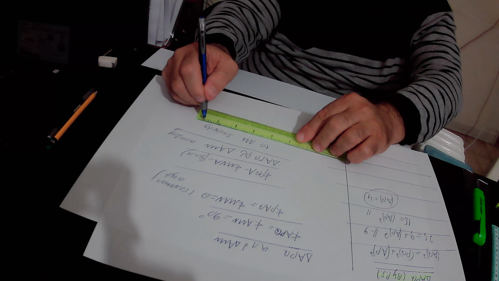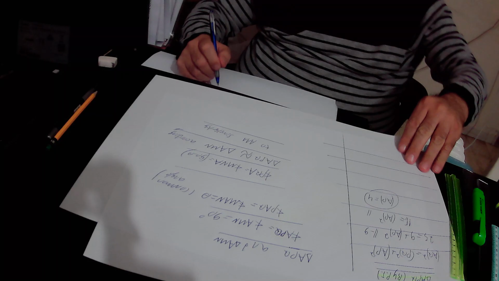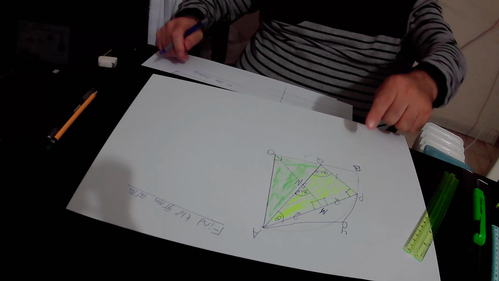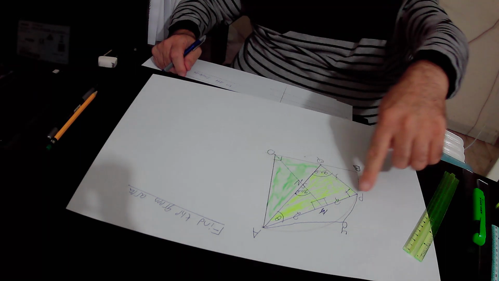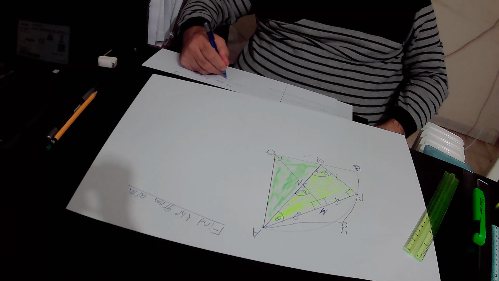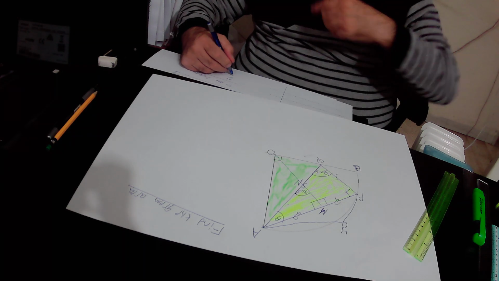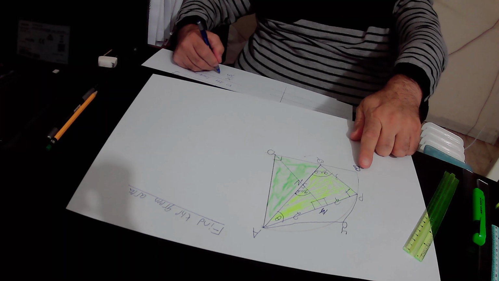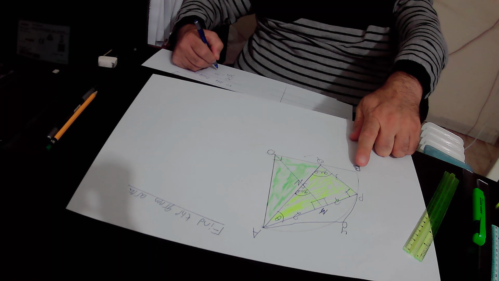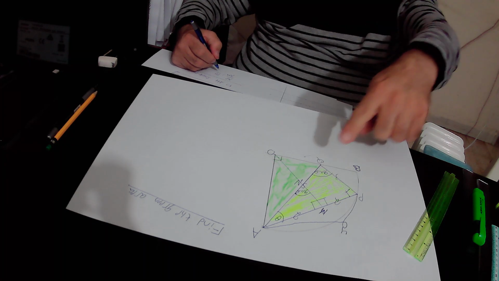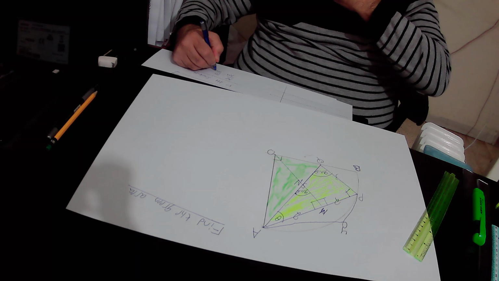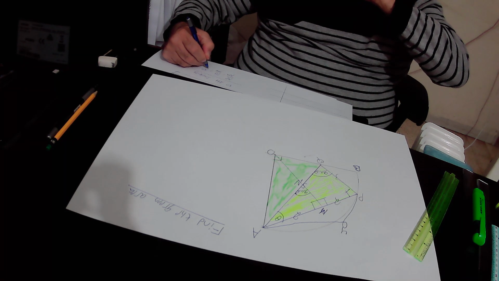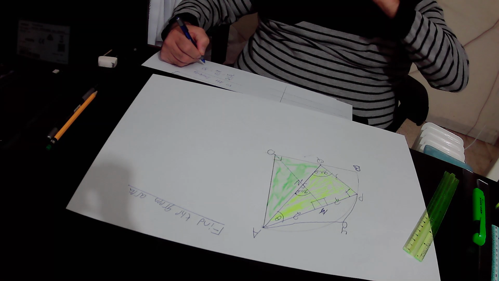So from the fact that those two right triangles are similar to each other, we conclude that AP over AM equals PQ over MN, and it is also equal to AQ over AN.